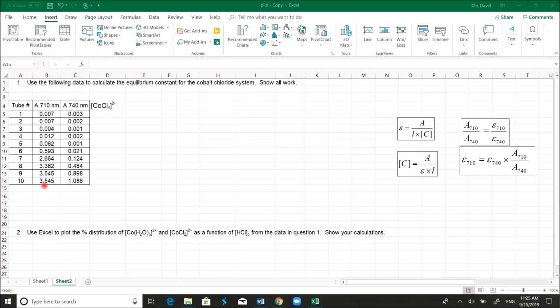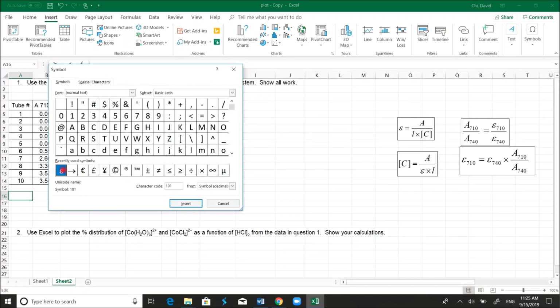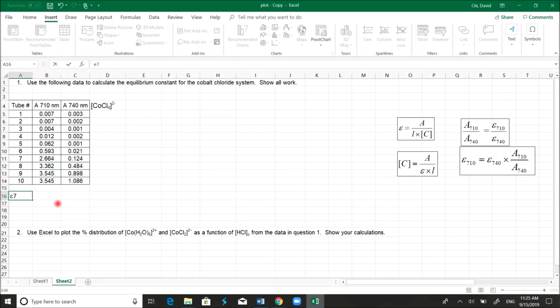Therefore, for test tubes 7 to 10, we need to use the absorption values at 740 nanometers. Now, type epsilon 740 to represent the extinction coefficient at 740.